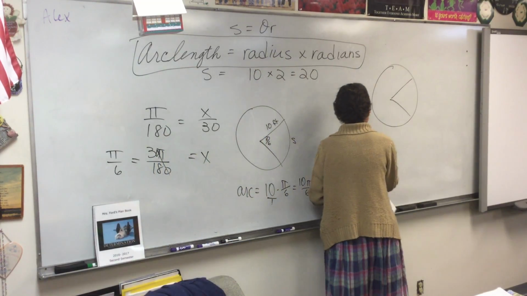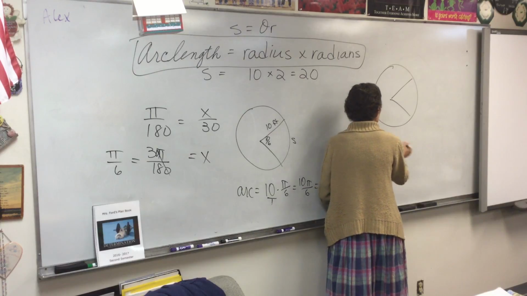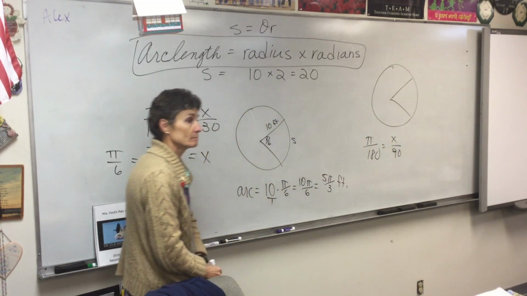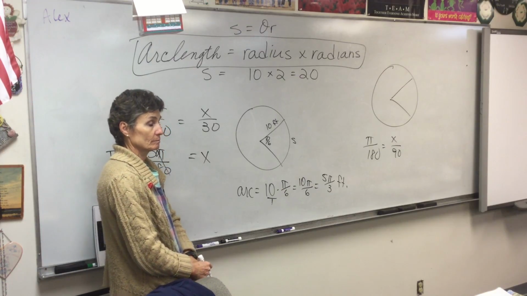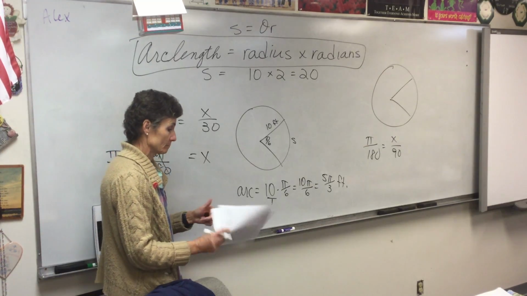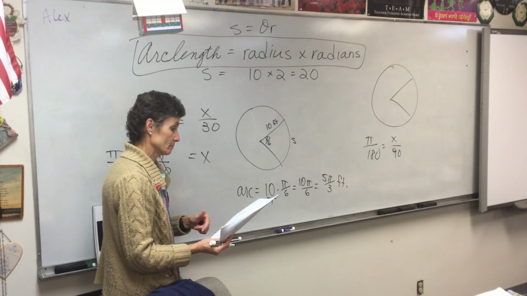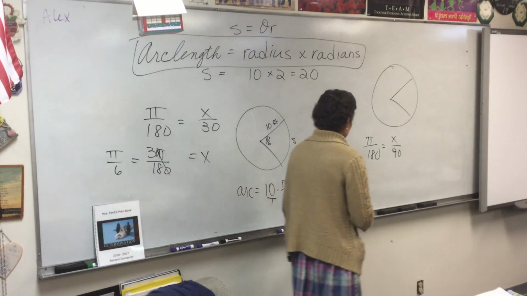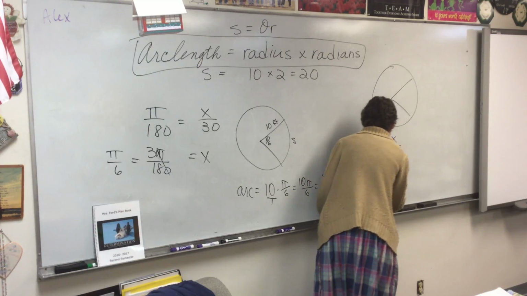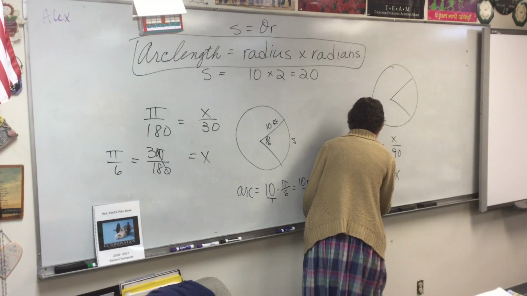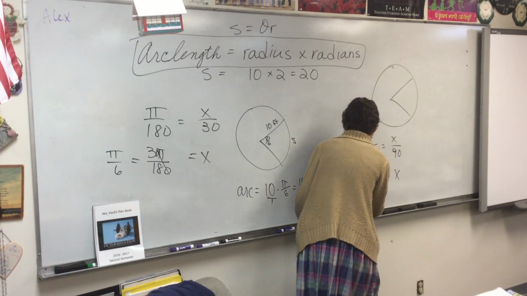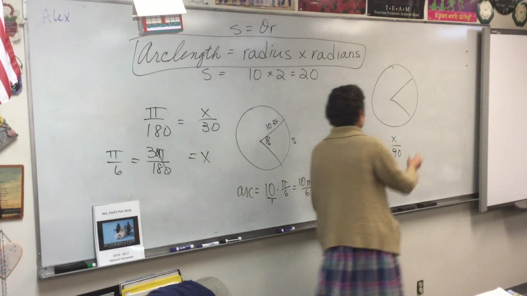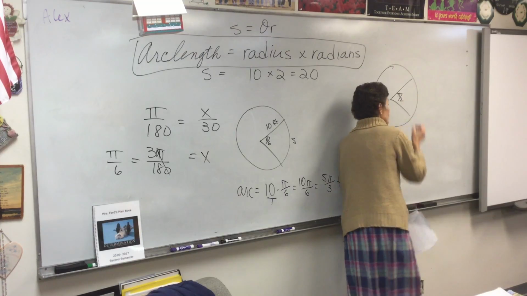So we start by saying pi over 180 equals something over 90. What's that work out to be? 90 pi over 180. Some of you are absolutely flying through this. Pi over 2, good job. So your central angle is pi over 2.